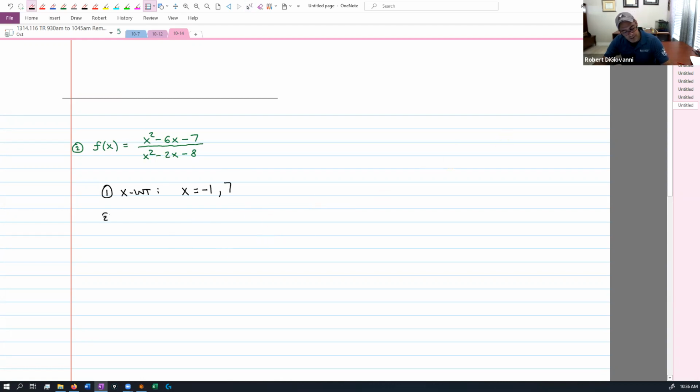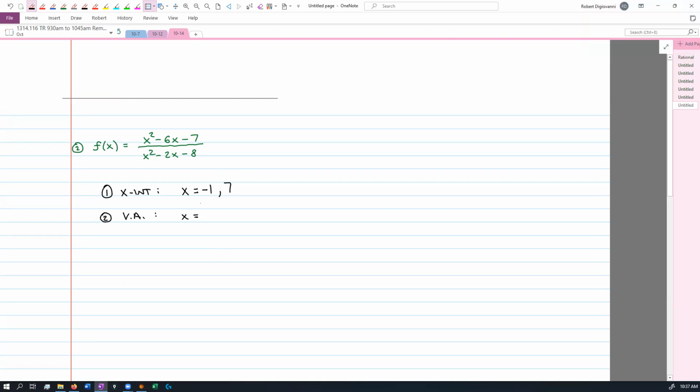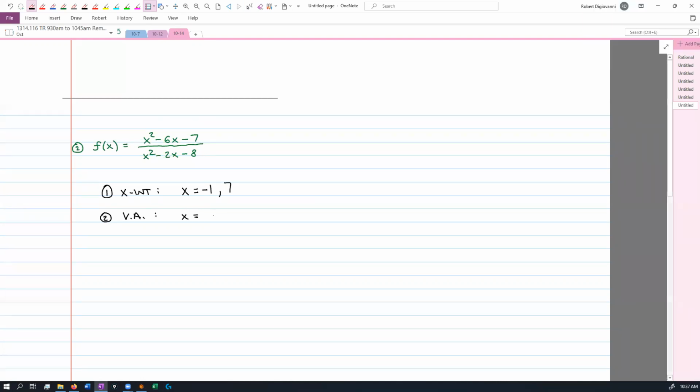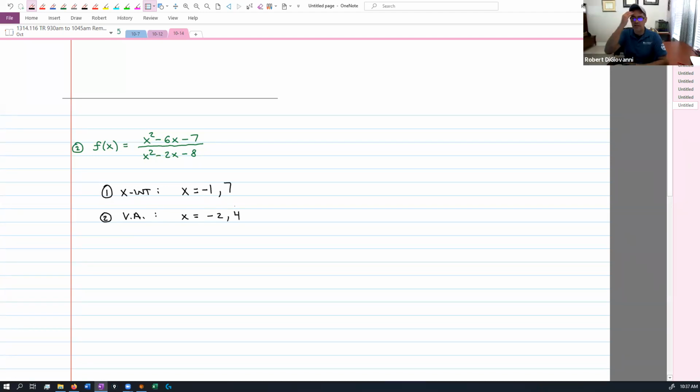Second step, I need the verticals. To do that, we set the denominator equal to 0, and you should have got 2 answers there also. What were they? 2 and negative 4. One of them should be negative. Yeah, -2 and +4. Yes, that's correct.